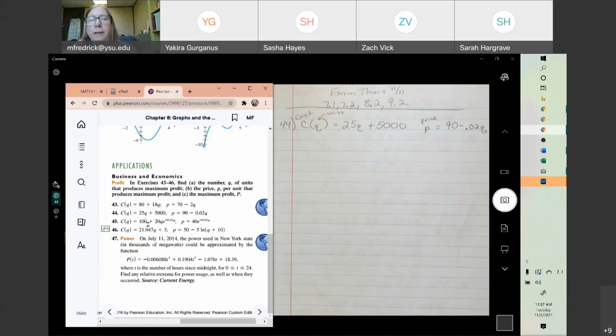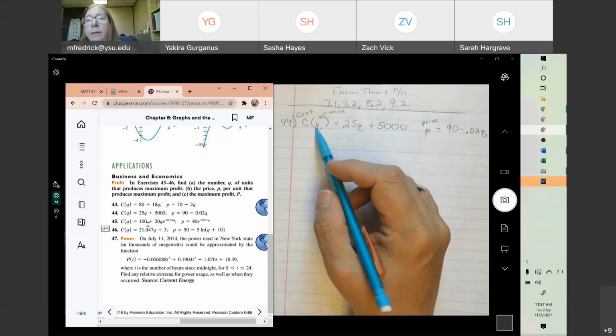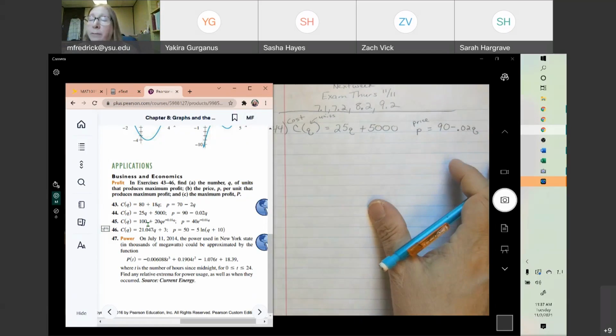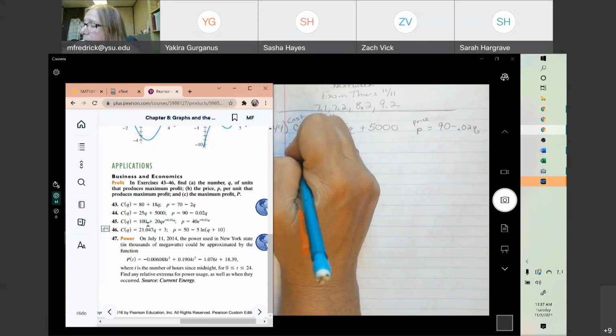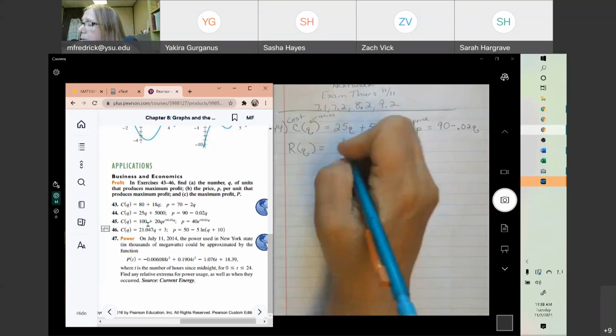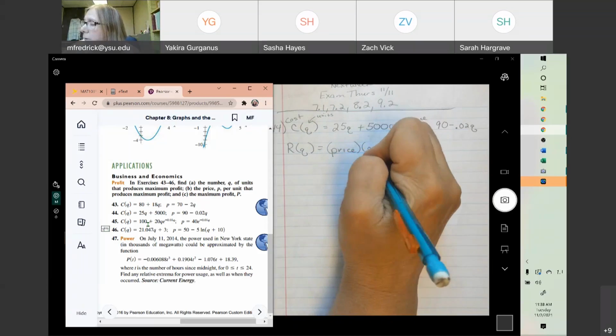Now it wants us to find profit, maximum profit. Well, to find profit, we need revenue and cost. We don't have revenue, but we have price. So remember, revenue is price times your quantity.